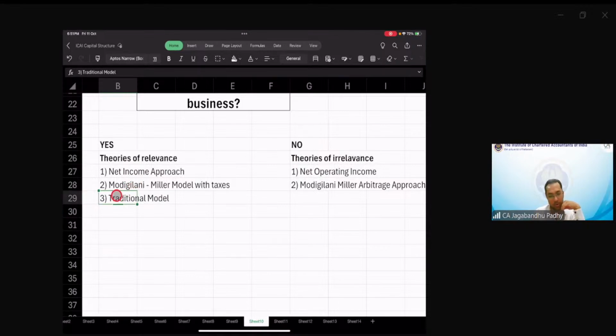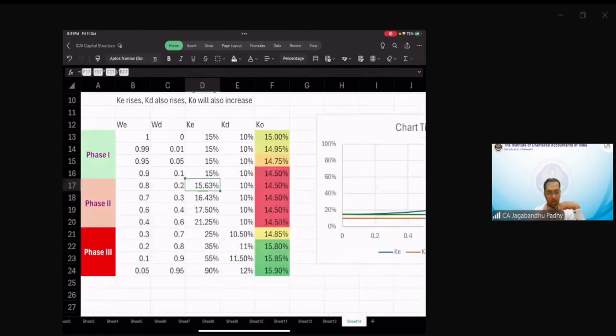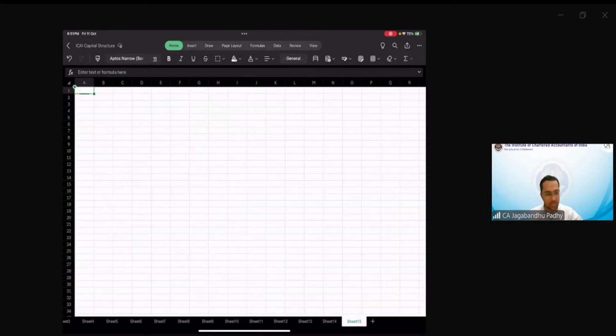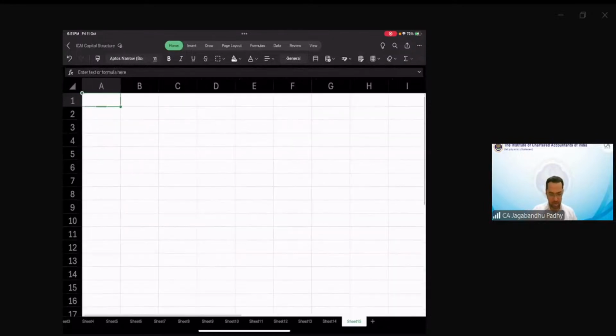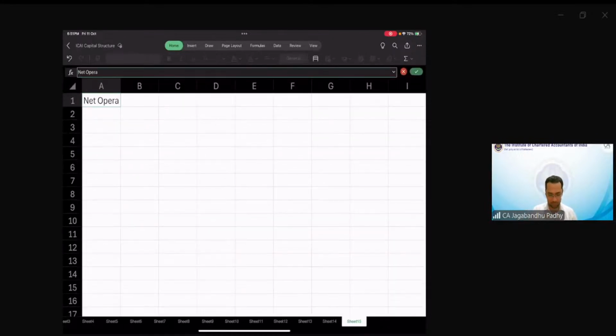So now we have to look at the Modigliani-Miller model with taxes and the Modigliani-Miller arbitrage approach. Let me first discuss the net operating income approach with taxes, which is also called the MM with taxes approach.